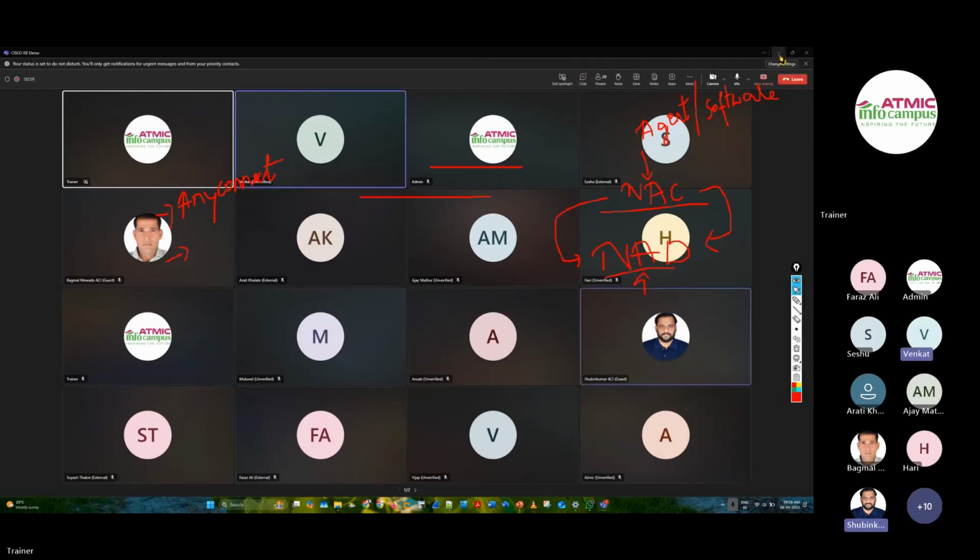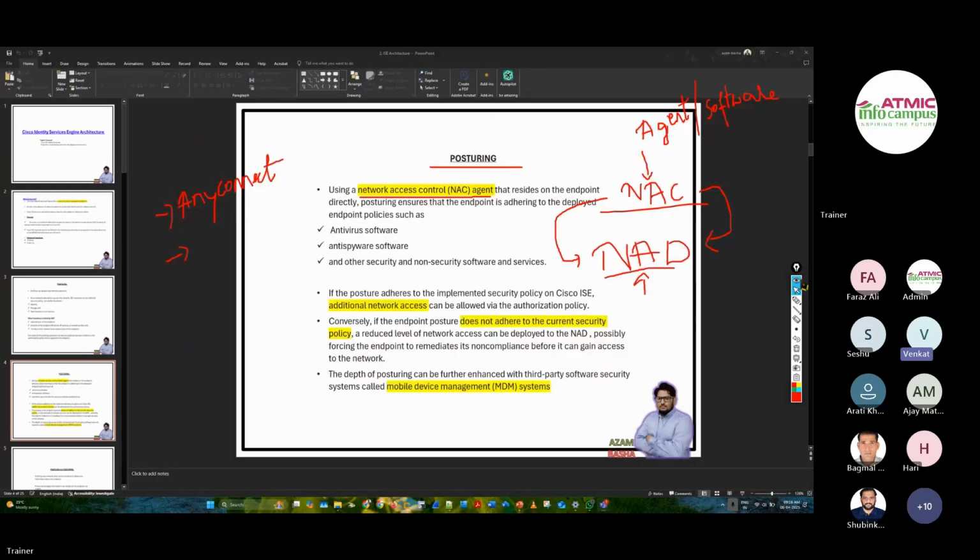I just joined, so I don't know the question. I thought this is related to some authentication. Just an FYI, ICE works with other vendors also. Can we add the Aruba switches on ICE? Only Cisco manufacturers we can add, right? Network access devices can be only Cisco, right?